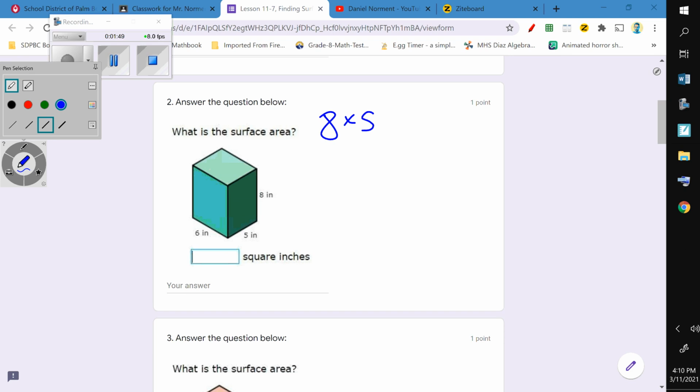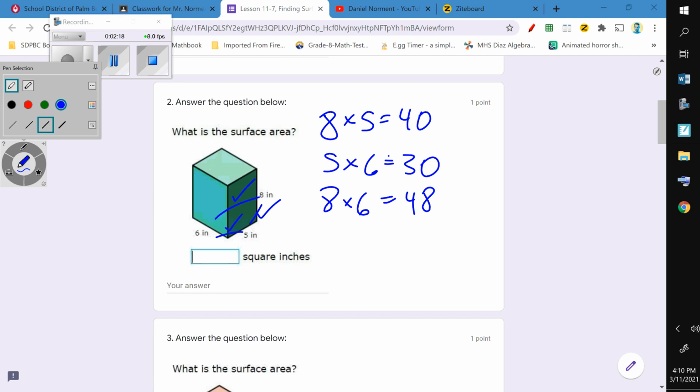You're going to have 3 separate combinations, 1, 2, and 3. The order doesn't matter. 5 and 6, good. 8 and 5, good. And then we're going to do 8 and 6. So, I'm just finding the area based on height. Half of the total area is going to be these 3 numbers added together.